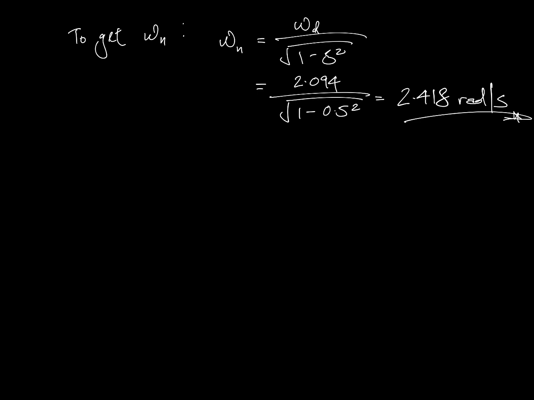So when we get omega n, we can get the spring stiffness, because omega n is equals to root K over M, spring stiffness over mass.